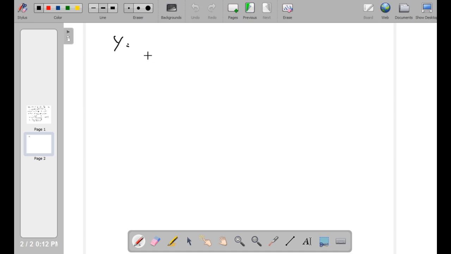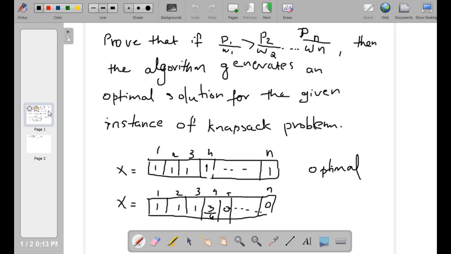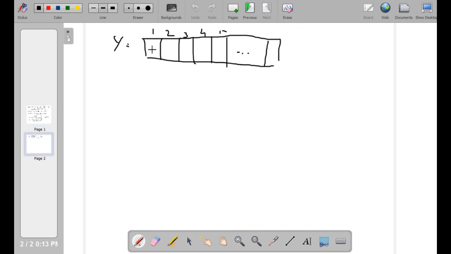First, let us check. Will it be something like this? That is 1, 2, 3, 4, 5. We were able to pick the first three items completely, 1, 2, 3, and 3 by 4 of the fourth item.